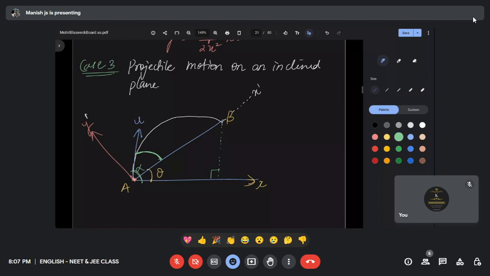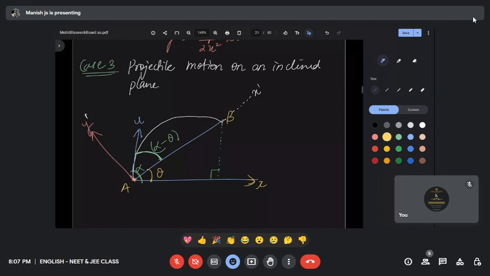Quite simple. If you subtract, you will get 90 minus alpha. No, not 90 minus alpha, not necessarily. The full angle I have taken as alpha, and the small angle of the inclined plane is theta. So don't you think this will be alpha minus theta? Right?